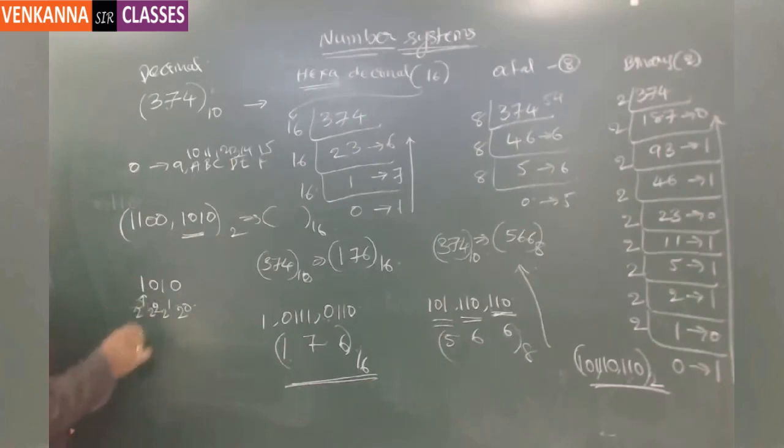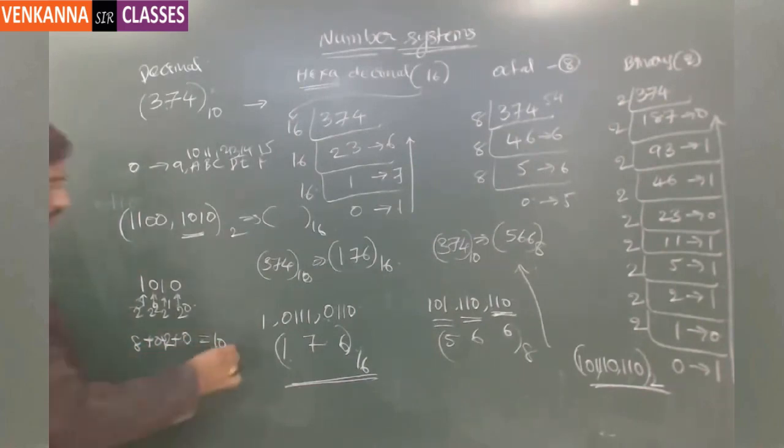So 2 power 0 into 0 is 0, 2 power 1 into 1 is 2, 2 power 2 into 0 is 0, and 2 power 3 into 1 is 8. So 8 plus 0 plus 2 plus 0 is equal to 10. Now this 10 in hexadecimal we call A. So what you need to write here is A.